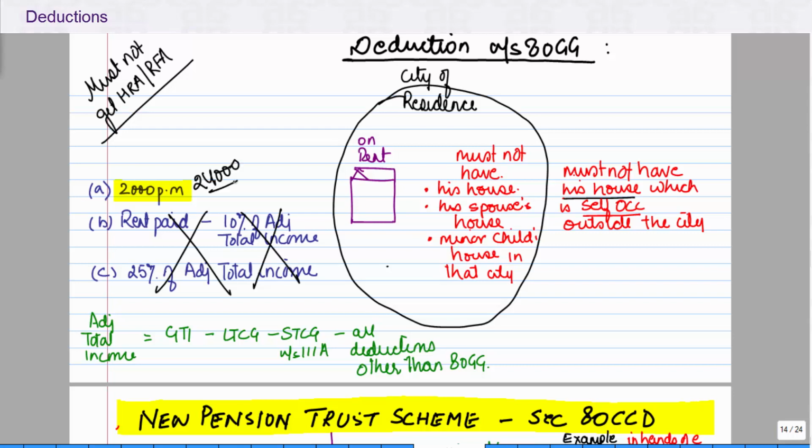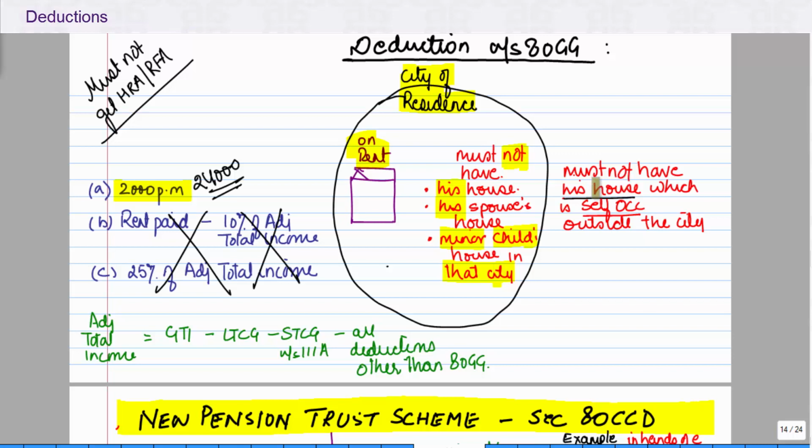Then he says, you've taken accommodation on rent in that city, in the city of your residence. You, your spouse, and your minor child must not have any house. That means there should be no house registered in the name of you, your spouse, or your minor child.